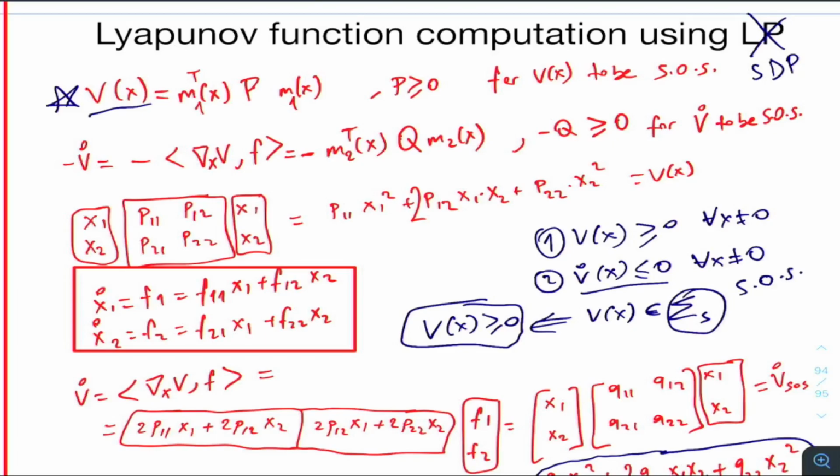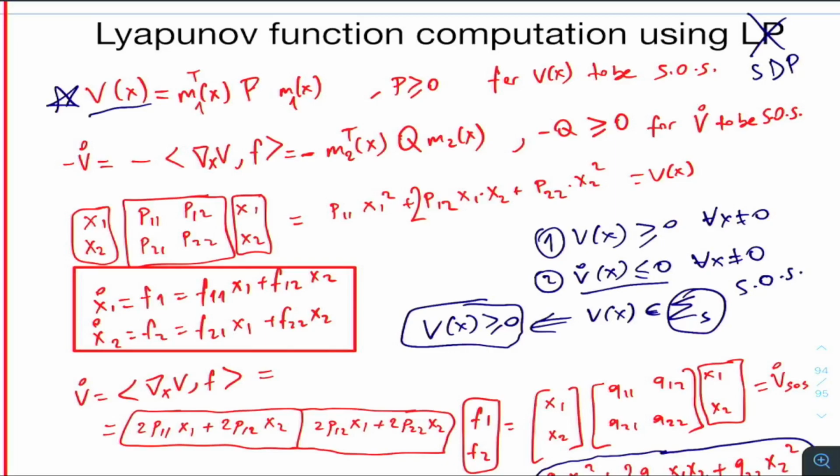If you have something which consists of square terms, for example f1 of x squared, f2 of x squared, and so on, all of them squares of some expression, you would know that it's obviously positive semi-definite. So that is the rationale behind this sufficient condition.